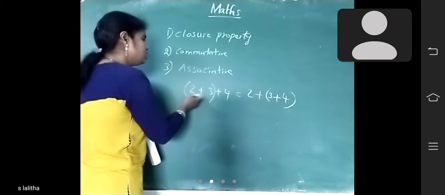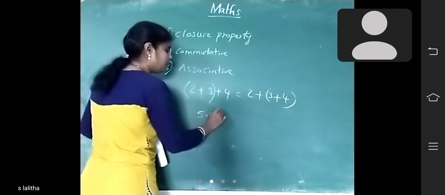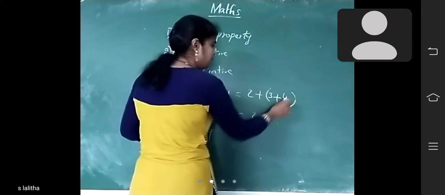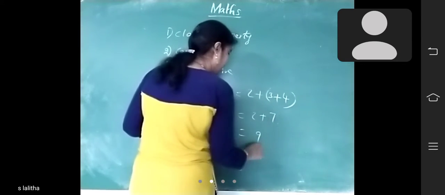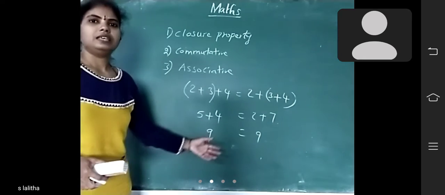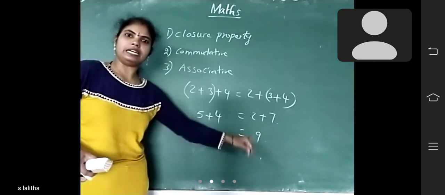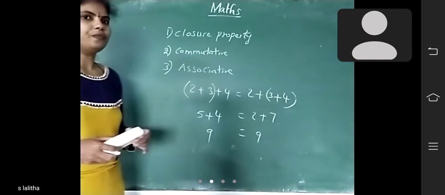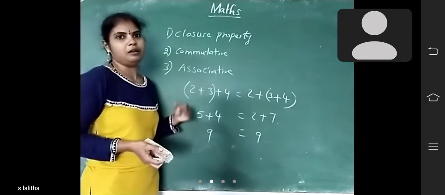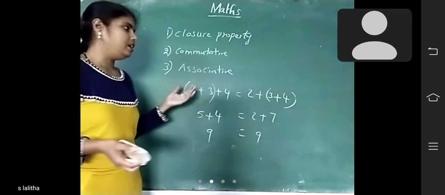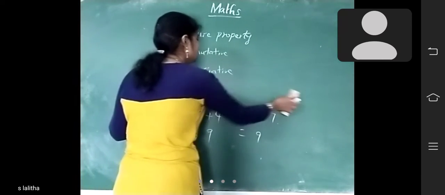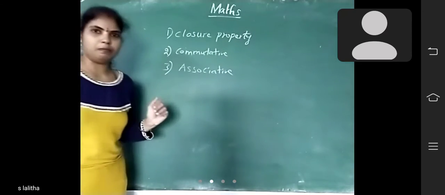So first 2 plus 3, 5, plus 4, how much? 9. Here 3 plus 4, 7, 2 plus 7, 9. Both are equal or not? Yes, left hand side is equal to right hand side. Like that you should do multiplication also. It is not satisfied under division and subtraction. Did you understand that? So associative property is satisfied under addition and multiplication.